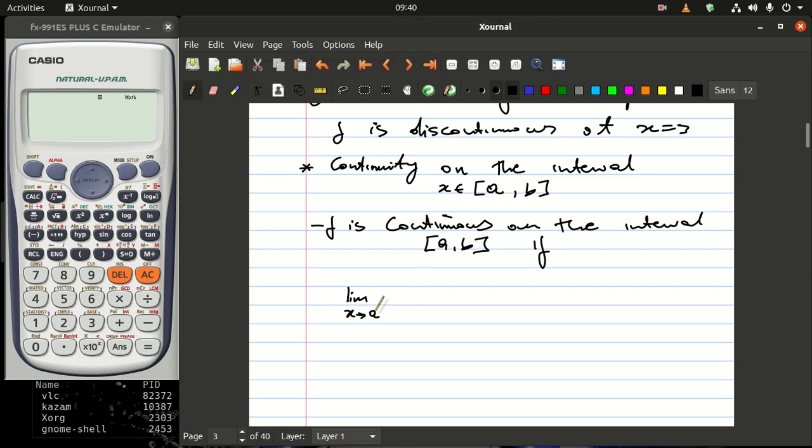To approach this point, I have to approach it from the right, because below this point we don't have a function. So the limit as x approaches a from the right of f of x must be equal to f of a. That's condition number one for this interval.